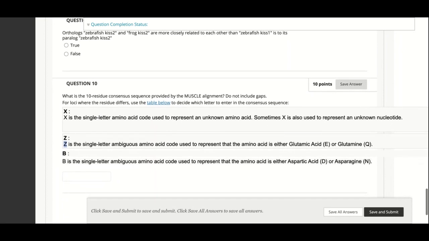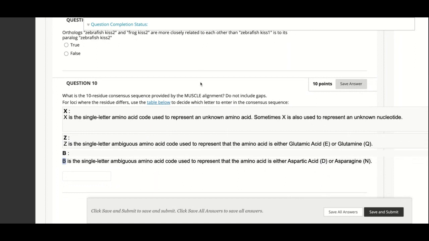And then if in that one position you have either aspartic acid or asparagine, so some sequences will have an N, other ones will have a D. They're very similar, not exactly the same. But if you wanted to show in your consensus sequence that it's either one of these two, then you write B. All right, how do we find the consensus sequence?